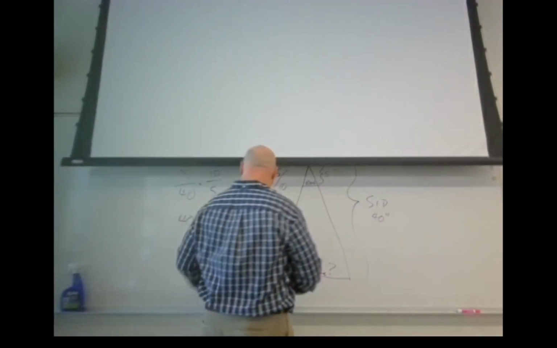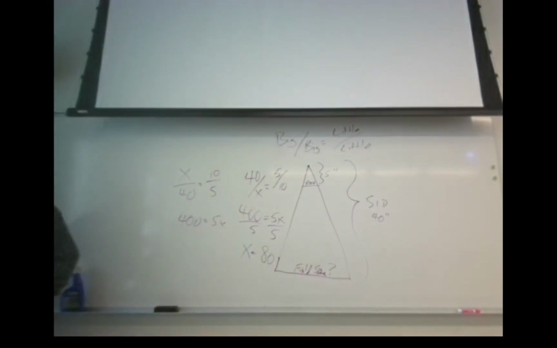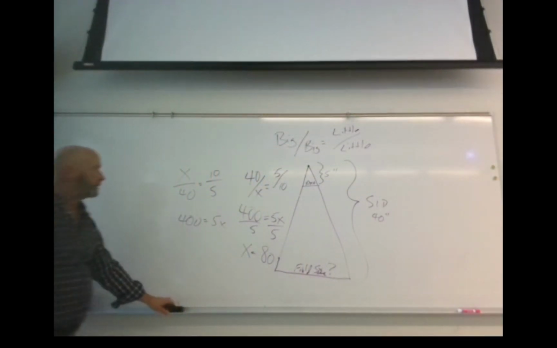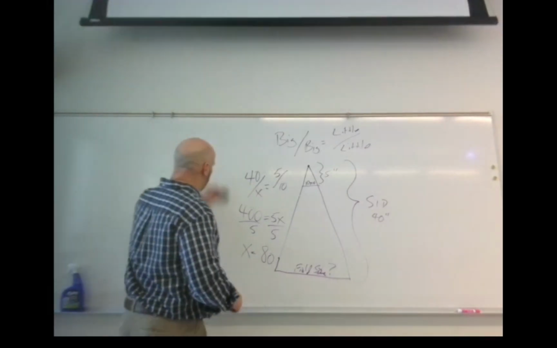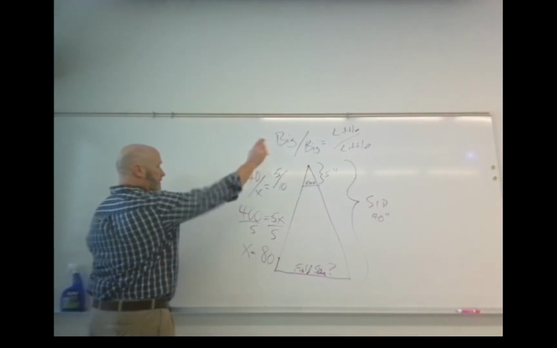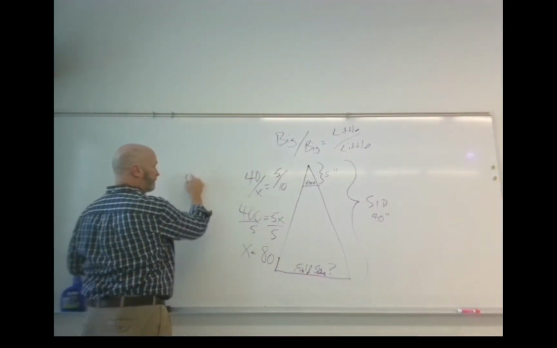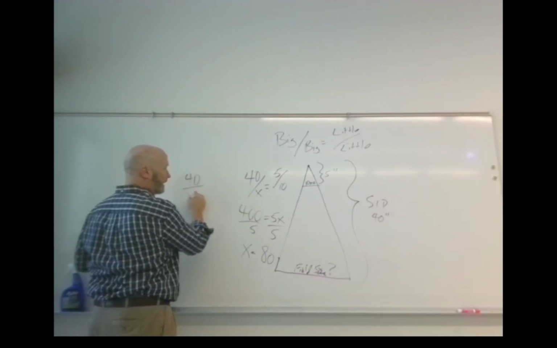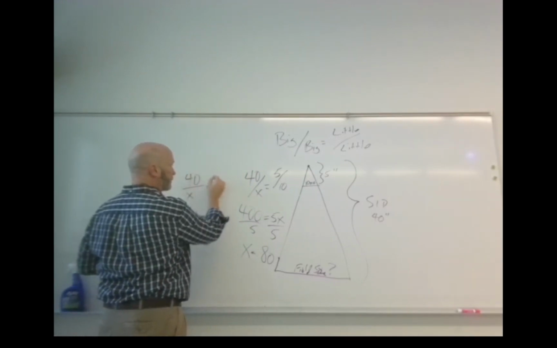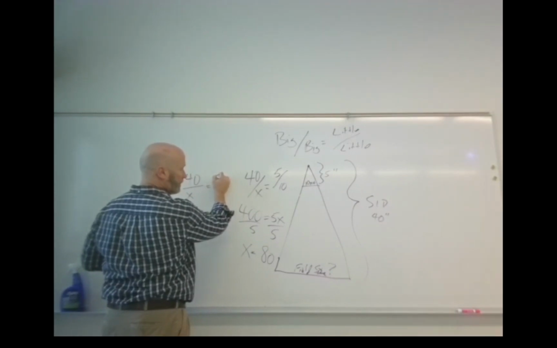So working your overall field size then, we've got 40 over x is equal to 5 over 4.